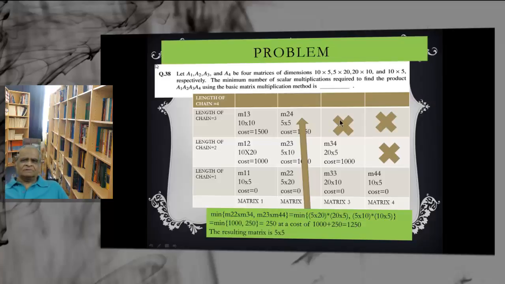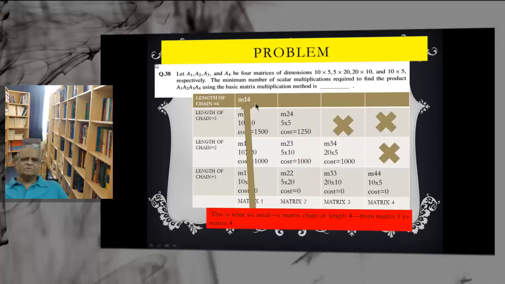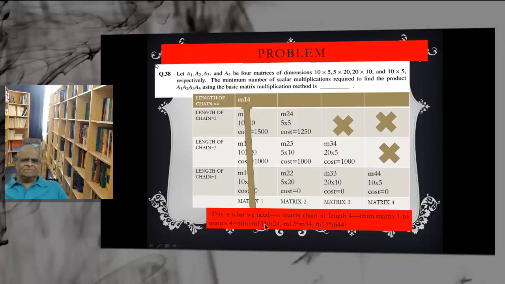Now we come to this one. This does not arise. We cannot have a chain of length 3 here or here. Now we come here. This is going to be the answer. A matrix chain starting at 1 of length 4. That can be starting at 1 of length 1 with starting at 2 of length 3, or starting at 1 of length 2 with starting at 3 of length 2, or starting at 1 of length 3 with starting at 4 of length 1.